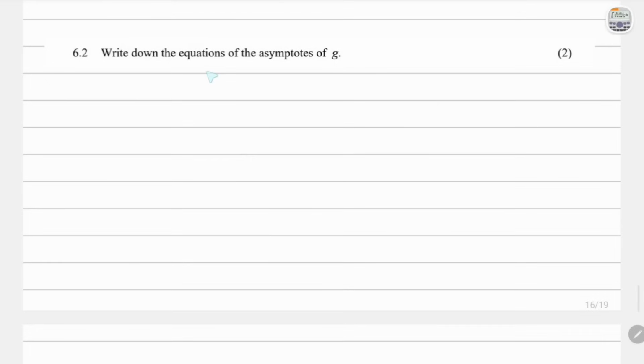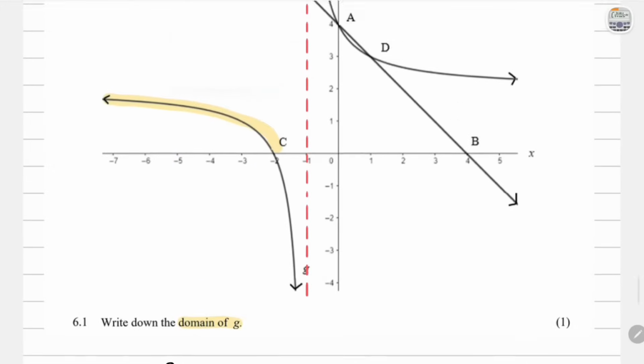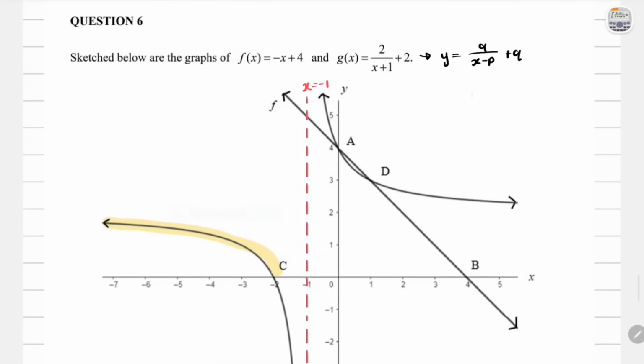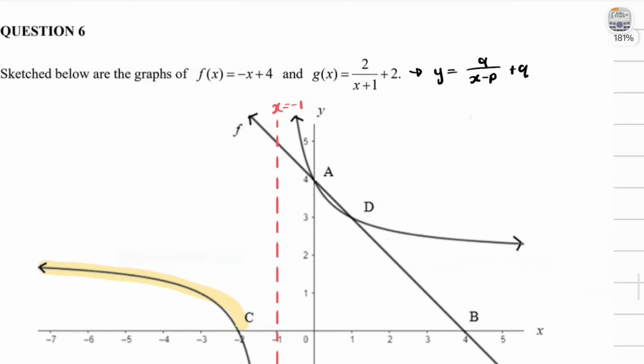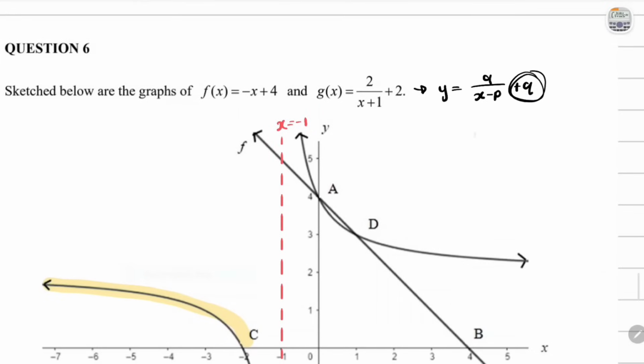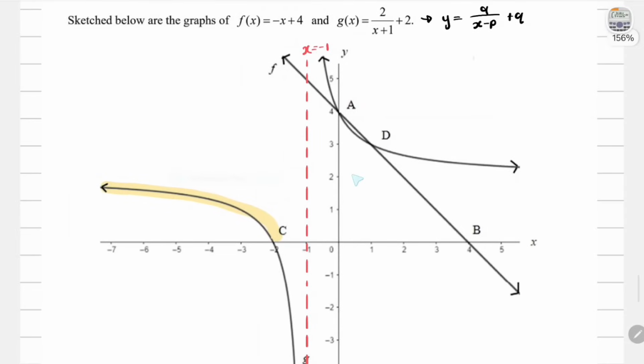Question 6.2 wants us to write down the equations of the asymptotes of G. We already have one asymptote. We have the vertical asymptote. So the second asymptote that we'll have is the horizontal asymptote. And that would be the value of Q. Okay, so that is 2 over there. So it means that your horizontal asymptote would look like this.